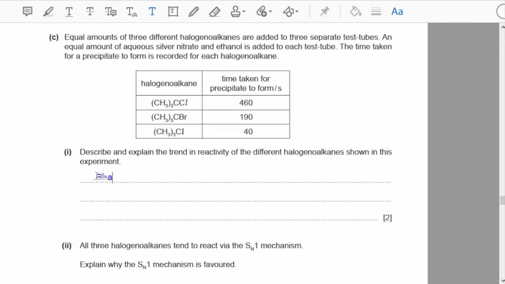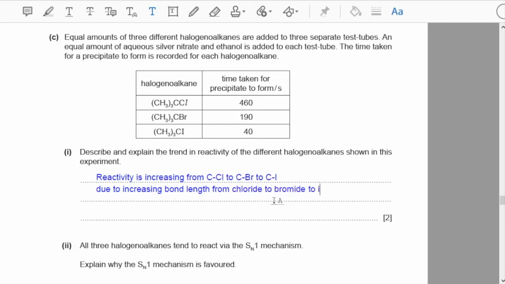So I would say that reactivity is increasing from chloride to bromide to iodide, which can be seen here in the table, that it is taking the least time for the iodide to form a precipitate as compared to the rest of the halogenoalkanes, and this is due to increasing bond length, you could say, from chloride to bromide to iodide.